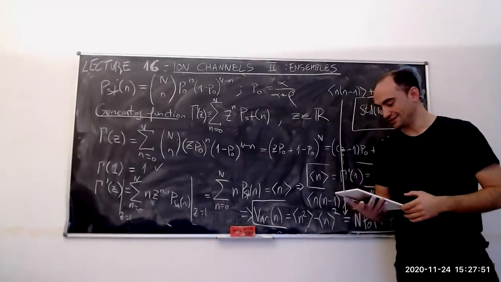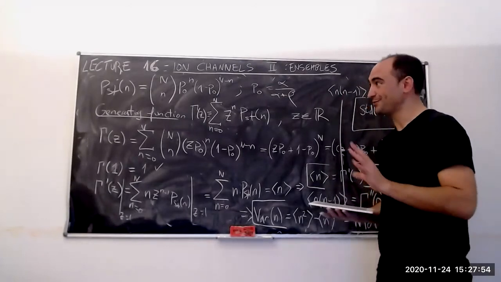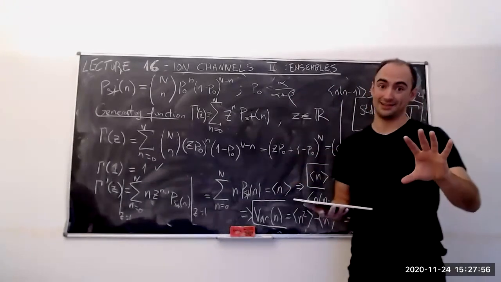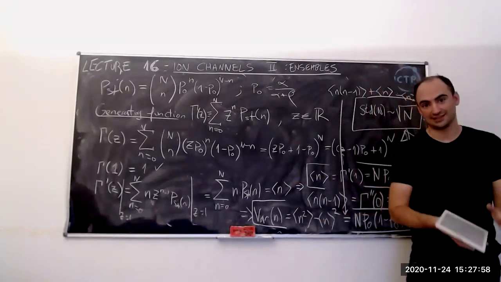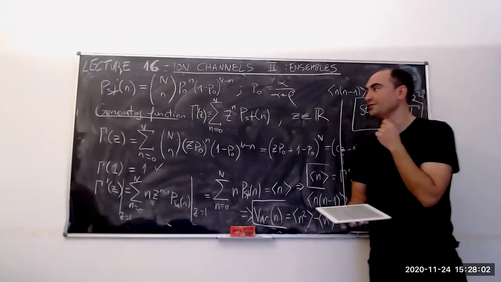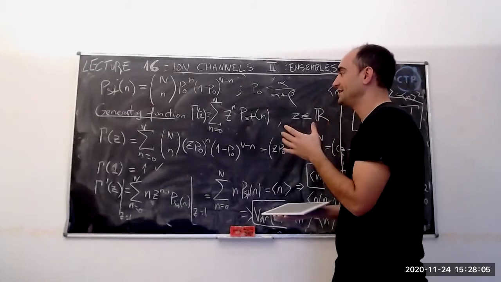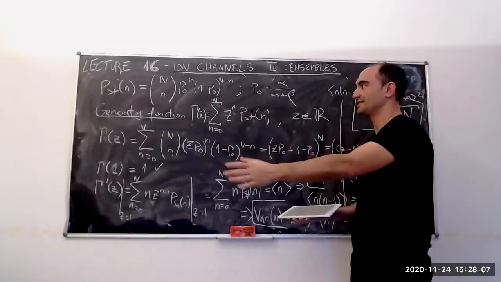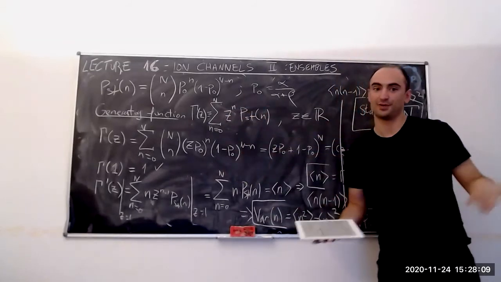The nice thing is that in the next lecture I will connect this to Fokker-Planck. There are models that are discrete and models that are continuous, and for the Fokker-Planck we will do an approximation that transforms the master equation into Fokker-Planck in this case.